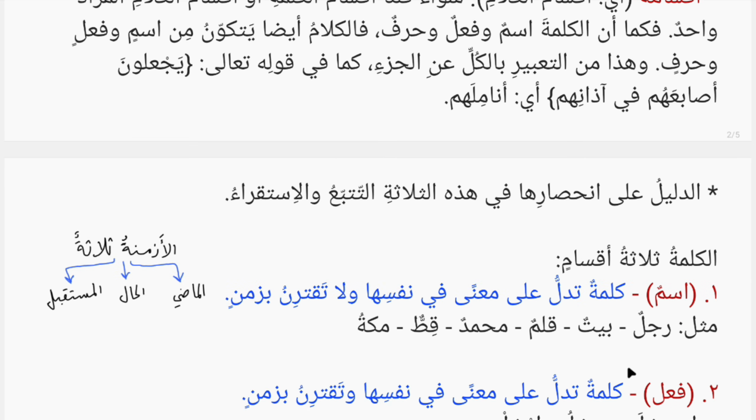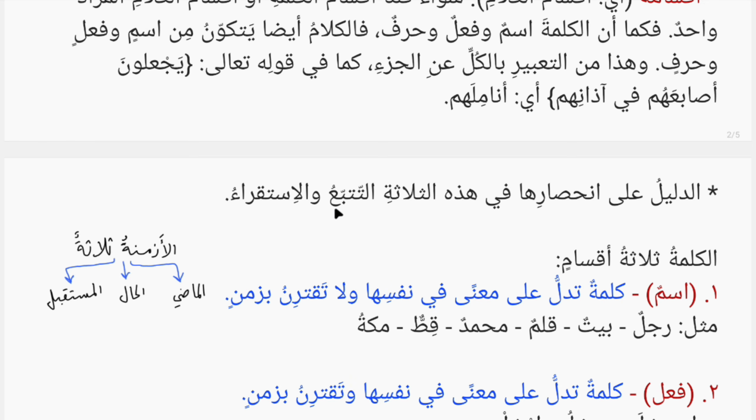Okay. الدليل على انحصارها في هذه الثلاثة التتبع والاستقراء. What's the evidence that the parts of speech are limited to these 3? Here we've mentioned the proof for speech being limited to these 3 categories is التتبع والاستقراء. التتبع والاستقراء is careful observation and exhaustive analysis of the Arabic language.